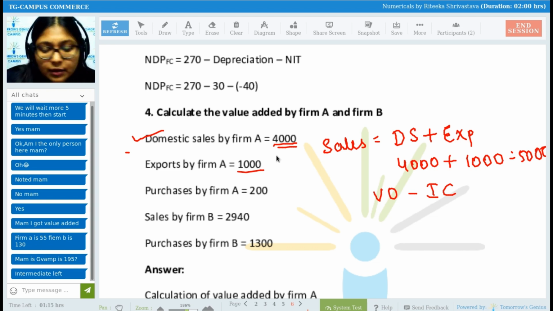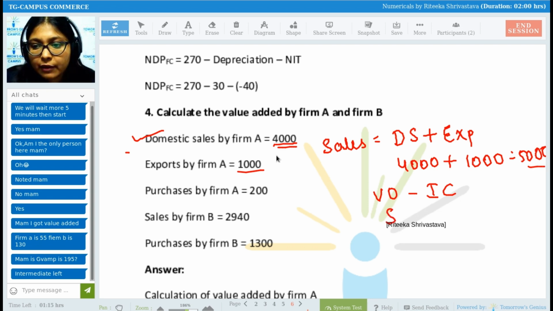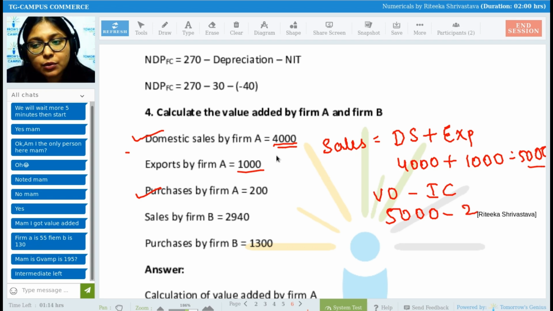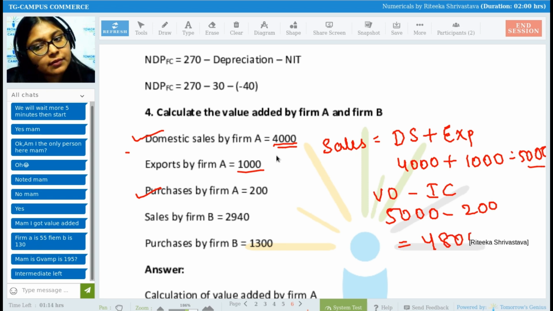Sales you have already got, 5,000, minus intermediate consumption. Purchases is nothing but intermediate consumption, so 200. Yes, for A it is done.